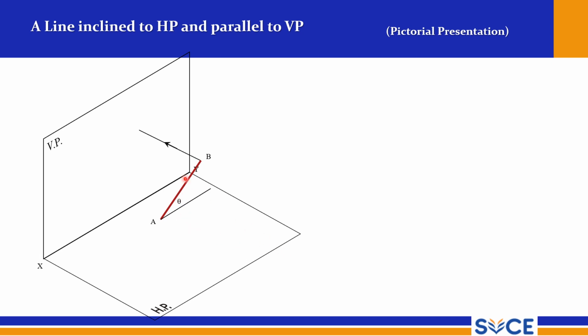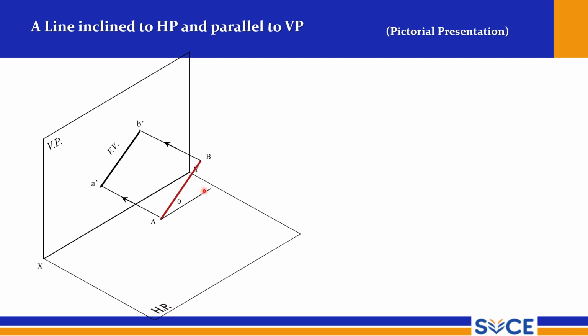In the front view we can see its actual length, and this is your front view. A dash B dash will be equal to the capital AB line. So this is the front view since it is parallel to VP. Whenever the line is parallel to a particular plane, on that plane we can see its true length.